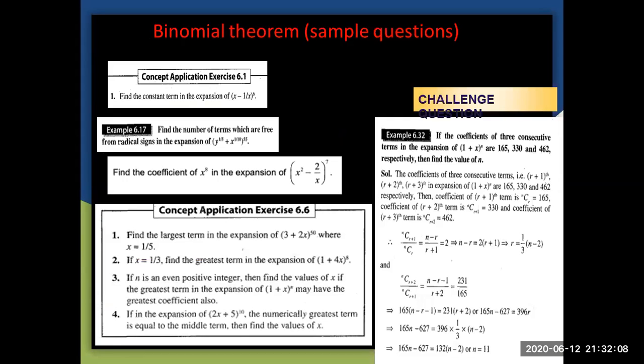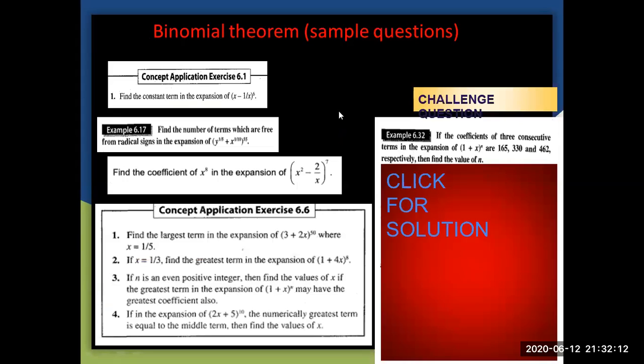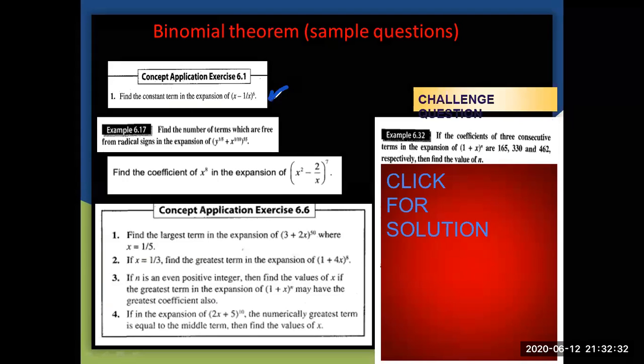Okay, the answers are revealed. Over here, you may see this question and this question many a time in IB.